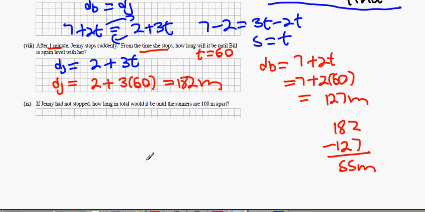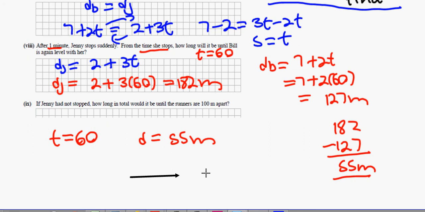The first way is realizing that after 60 seconds, they're 55 meters apart. So when t is 60, the distance between Bill and Jenny is 55 meters.